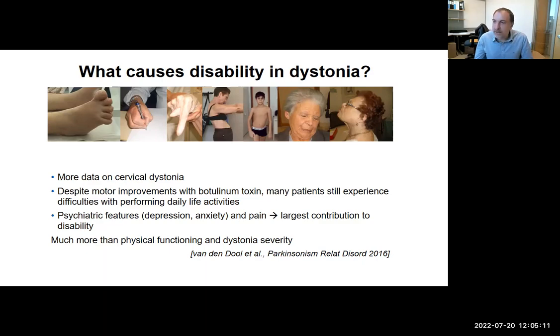And again, studies on disability show that the largest contributors to this construct in people with dystonia are mostly non-motor symptoms, and particularly depression, anxiety, and pain, even more than physical functioning and severity of the motor symptoms of dystonia.